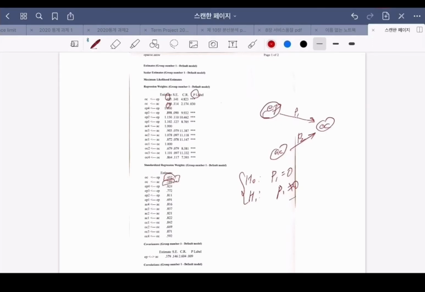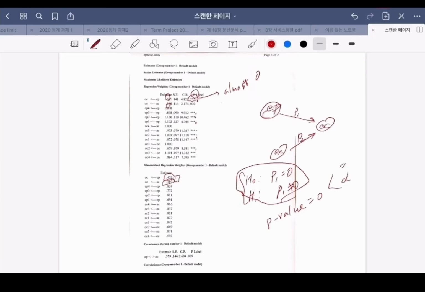So in order to test this, you use the p-value here. This one says almost 0, which is less than alpha.